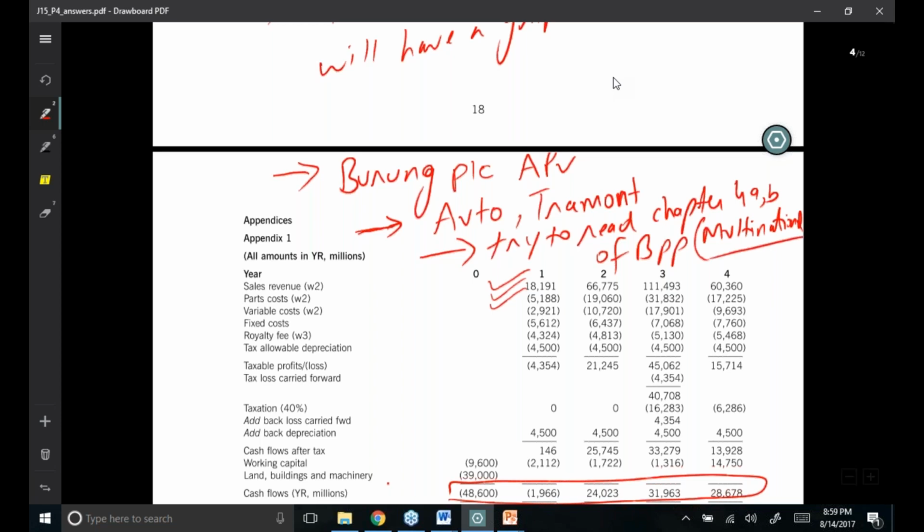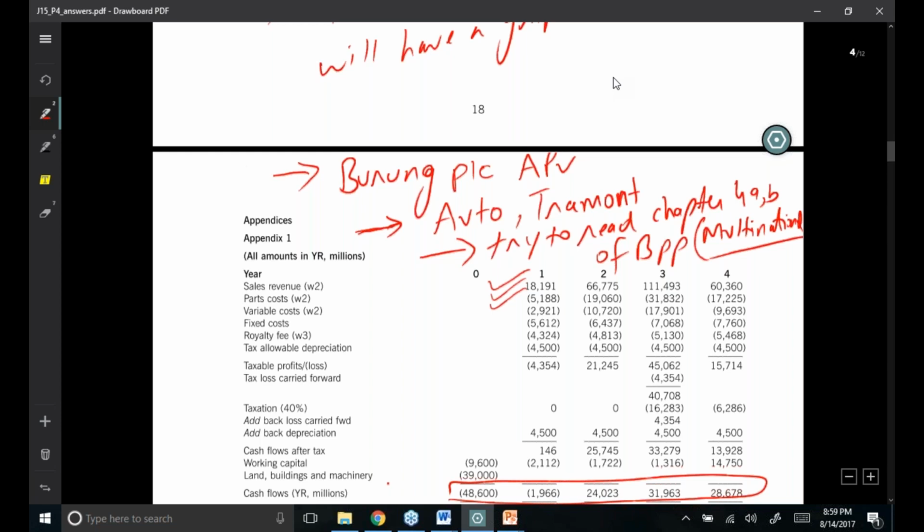This is a very boring chapter, but if you read that chapter, you have very bright chances to write the theory in a correct way, because whenever there is a question in the exam from international investment appraisal, the examiner always asks some theoretical point from that chapter on multinationals.